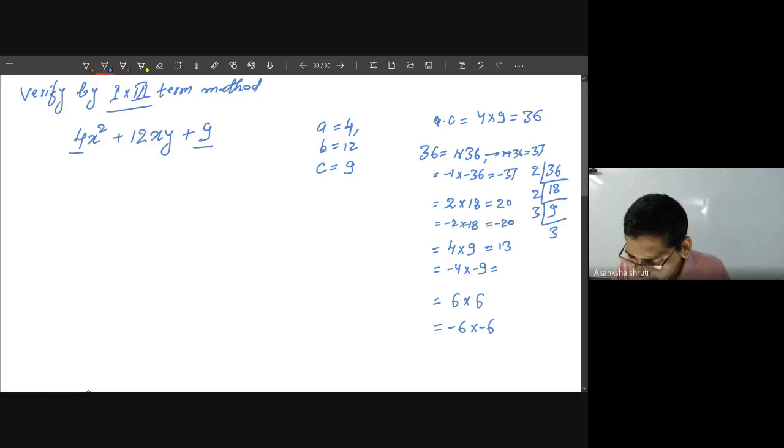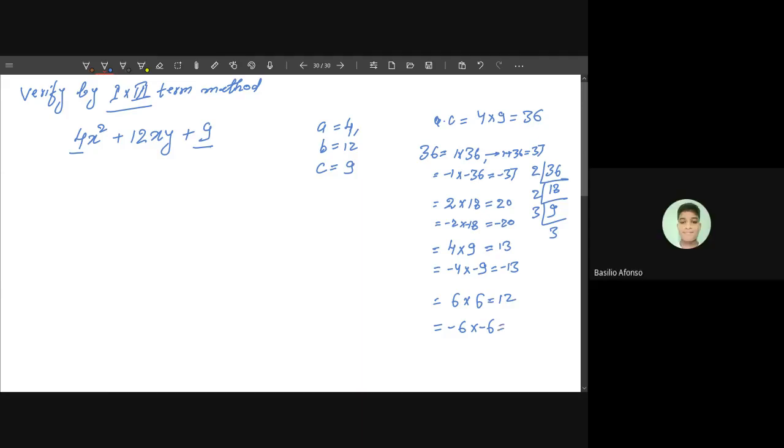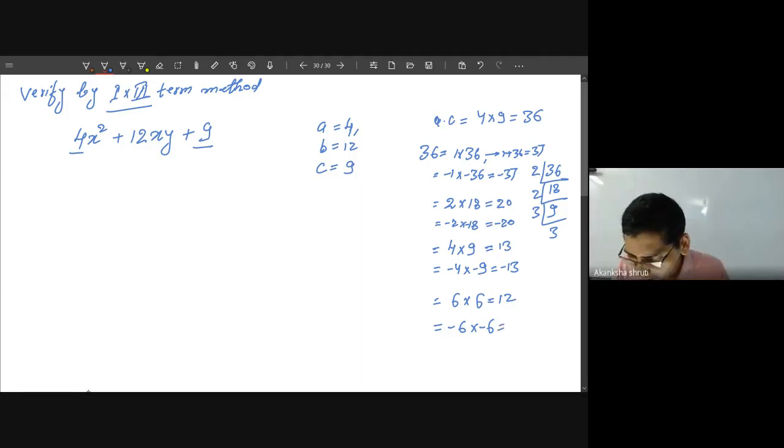Minus 4 minus 9 is minus 13. 6 plus 6 is 12. Here in this case, you will get minus 12. Keep in mind, these sums we have obtained by adding; they are not equal to the product, but we can obtain this. Now, what is required?